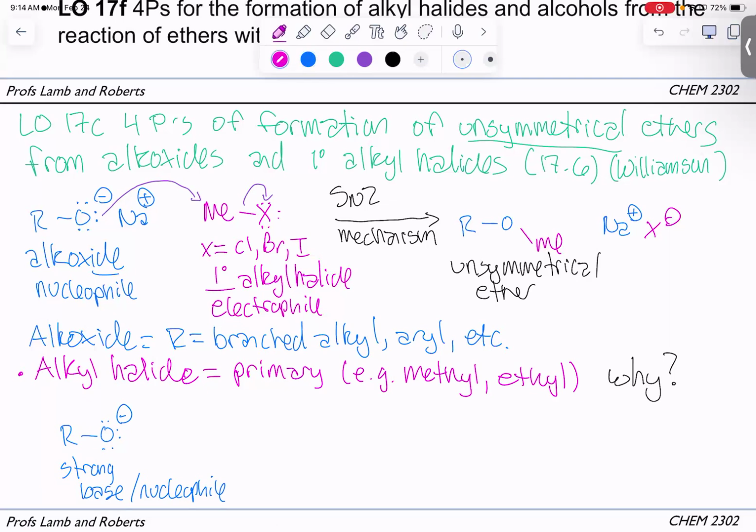So, for example, if we had a secondary alkyl halide, because this is more hindered, and the SN2 reaction is going to be harder, we would get an E2 elimination mechanism instead. So instead of the alkoxide adding into the, to have our leaving group, like our bromide leave, instead it would just deprotonate, and then we would go ahead and get an elimination reaction.